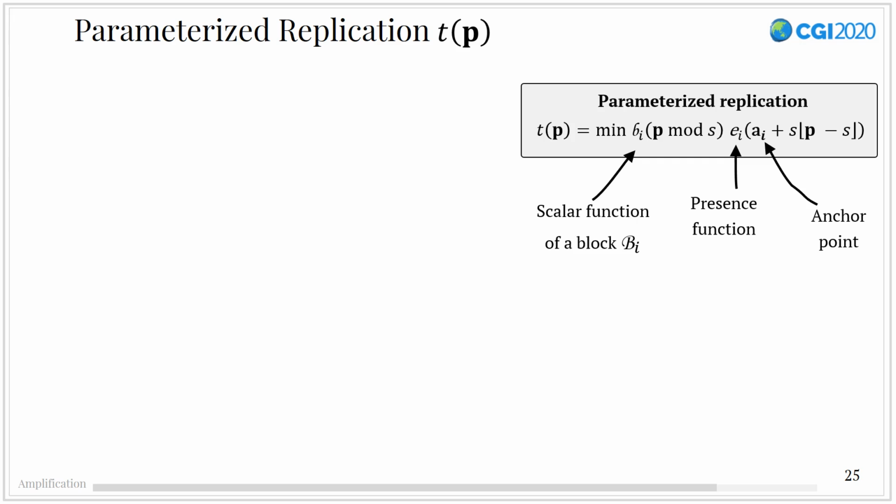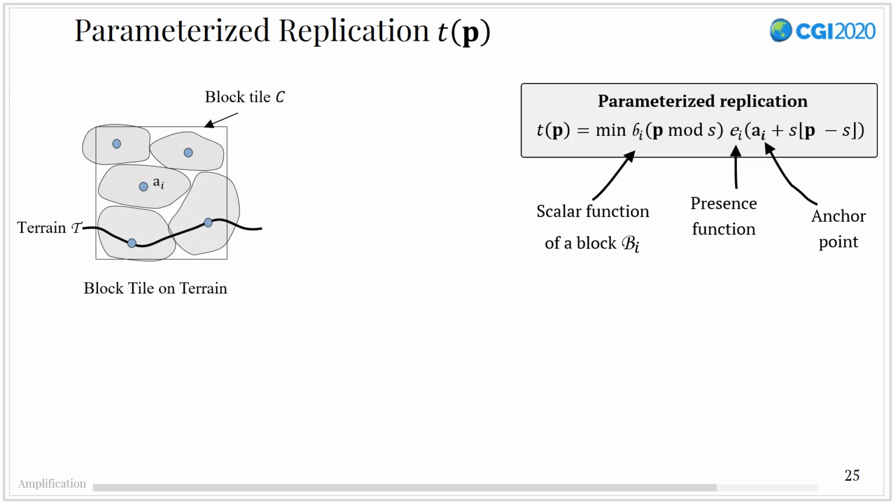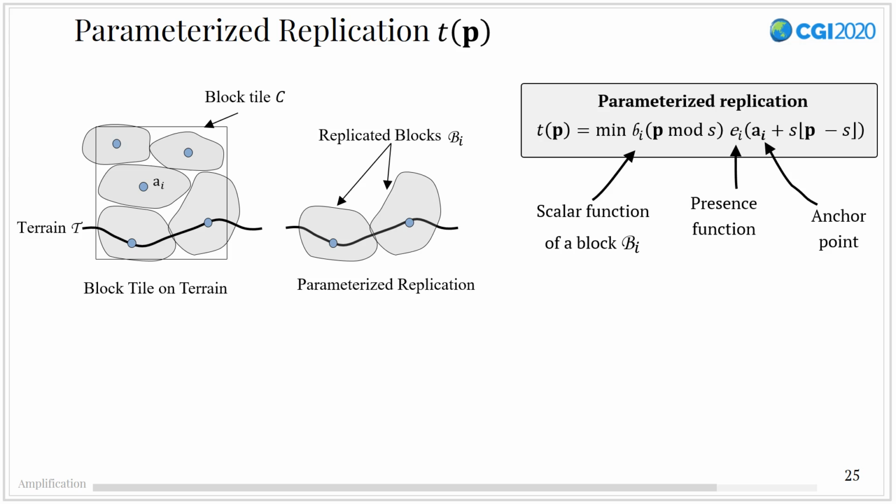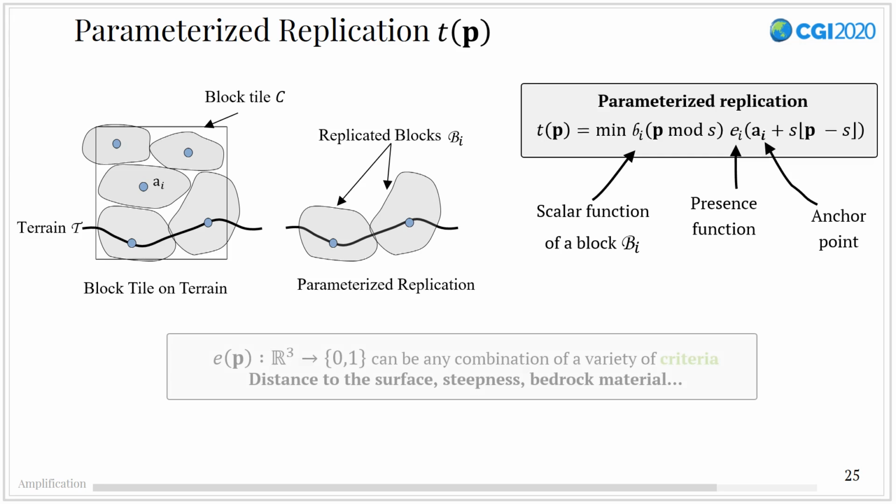An anchor point is used to evaluate the presence function E. Using this formula, a block is replicated if and only if its anchor point Ai satisfies E of Ai equal to 1. The interesting thing with this formula is that the presence function can be any combination of a variety of criteria, such as distance to the surface, steepness of the terrain, or even bedrock material type.